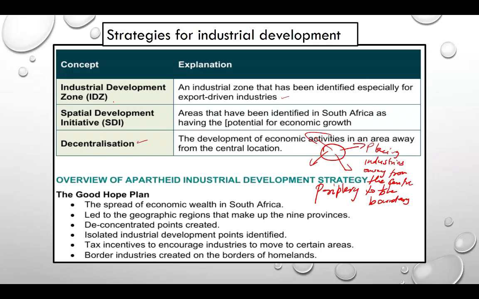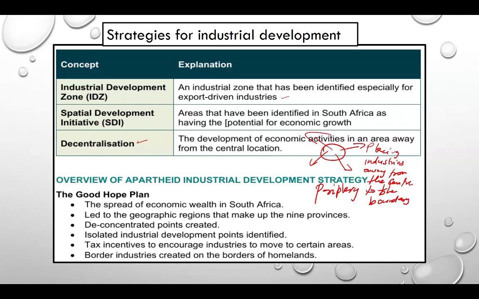What is an industrial development zone? We can also define it as a purpose-built industrial estate to support export. And then you must be able to define this as well.